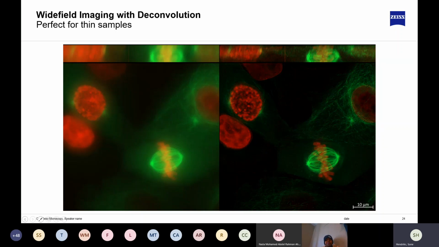And because we use very sensitive CCD-based sensors in our cameras, you also get a very high signal to noise when it comes to the sensitivity of these cameras. So it's very quick and your full image field is captured. What you should consider is the sample has to be very thin to make use of these advantages. For example, one cell layer is good.